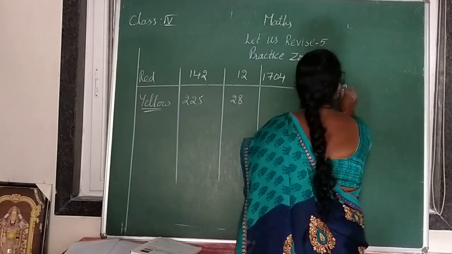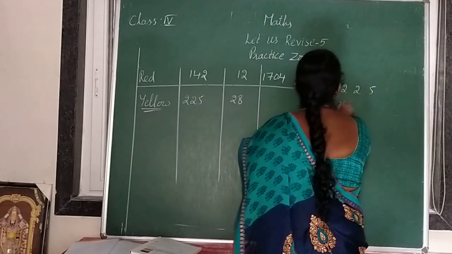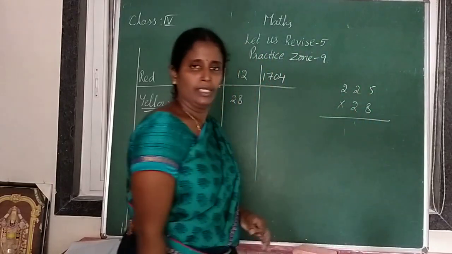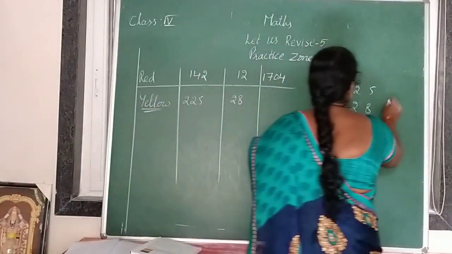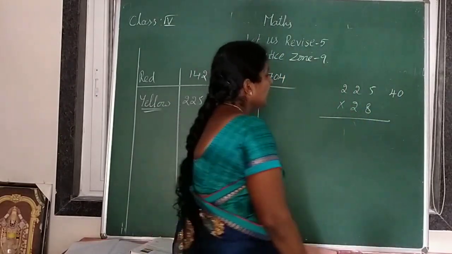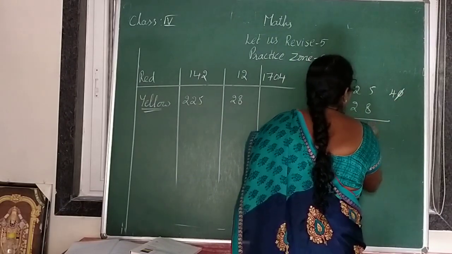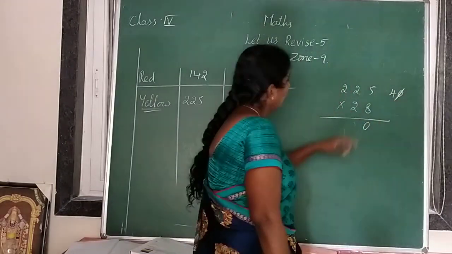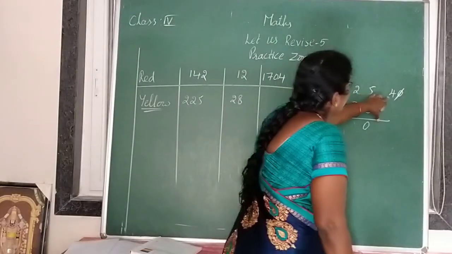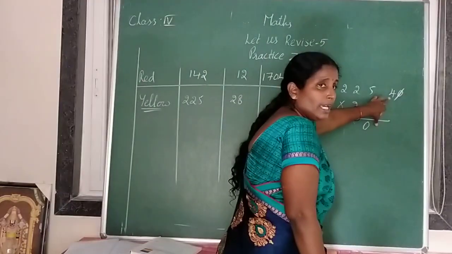225 into 28. 8 5s are 40. Here 2 digits are there, so cancel the ones place digit and write it down. Next 8 2s are 16. And what is this 4 for? Carryover, no?